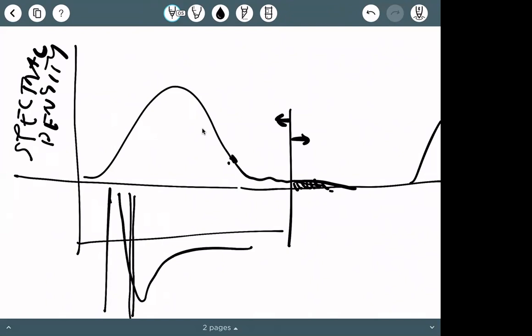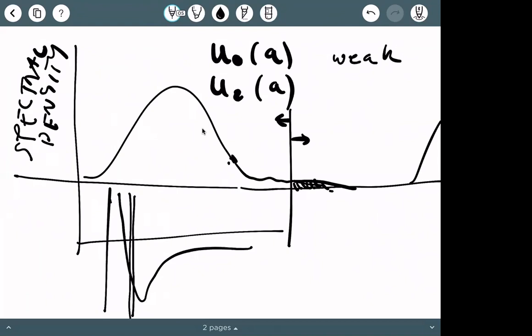So basically, this means that my effective parameters in general are expected to have a weak dependence on the cutoff. And if I'm doing things properly, this dependence should be weak. By weak, I mean logarithmic, hopefully, but certainly not a very powerful dependency, okay?